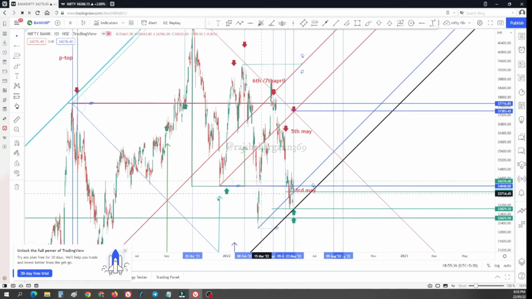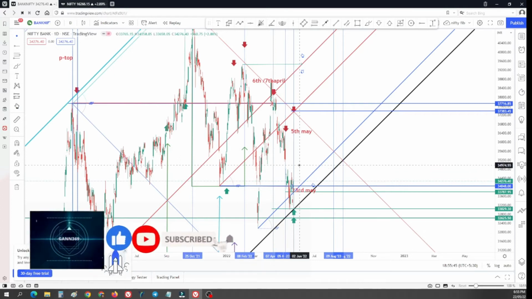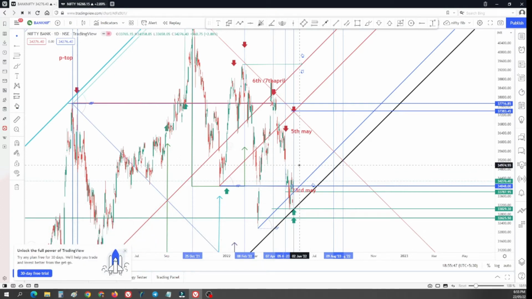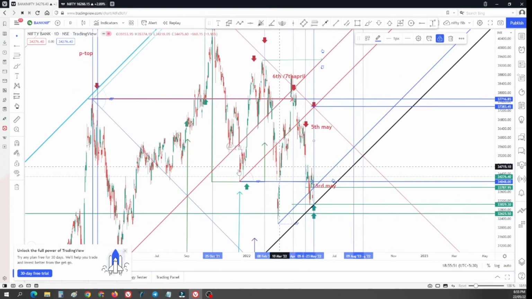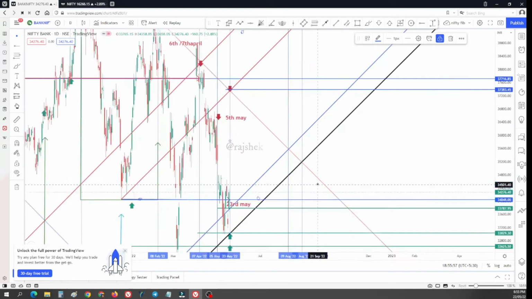Now if there are a few more ups and downs, then if we have to plot another set of 45 degrees, it will create problems going up. So for now I am not seeing any kind of hurdles here except this one, right?